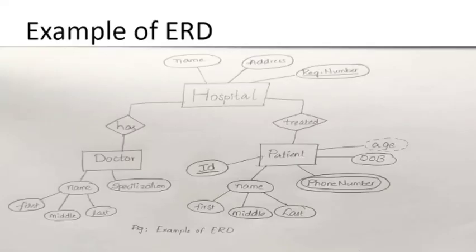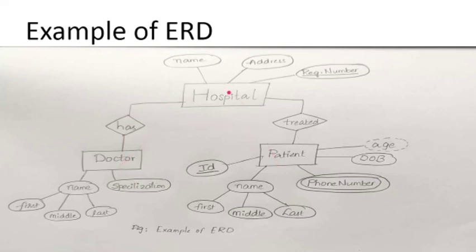Okay, now understand the example of ERD. Till now what we know is what an entity is, what a relationship is, what an attribute is. We consider a scenario where we are going to design a hospital database. So we have a hospital. For the hospital we have some doctors and patients.